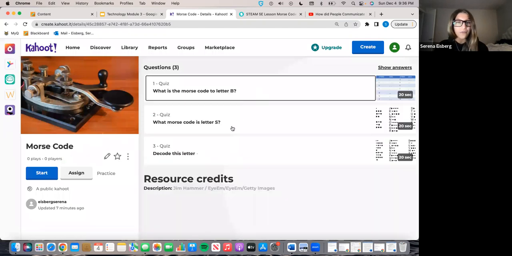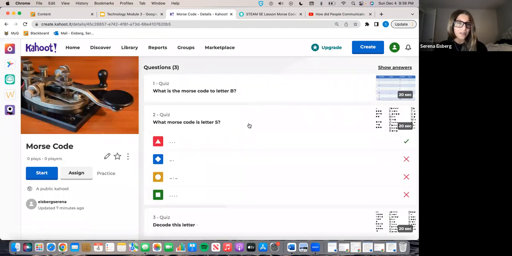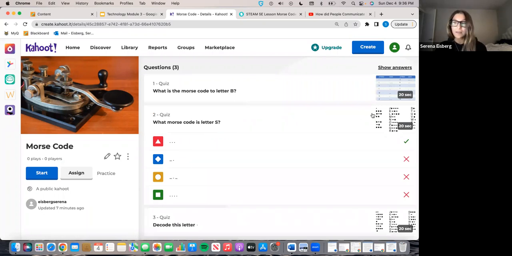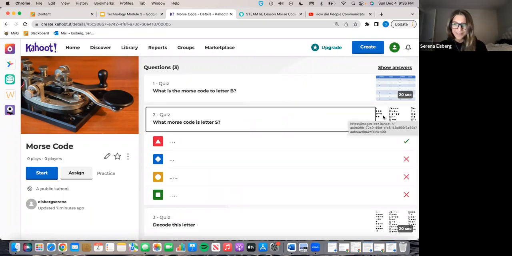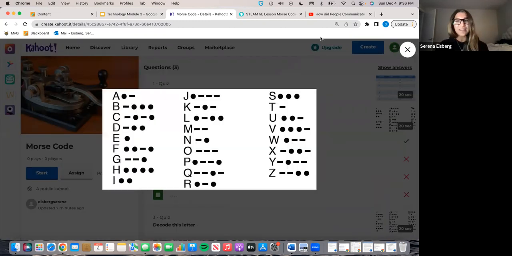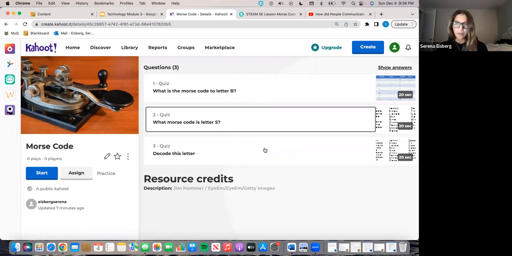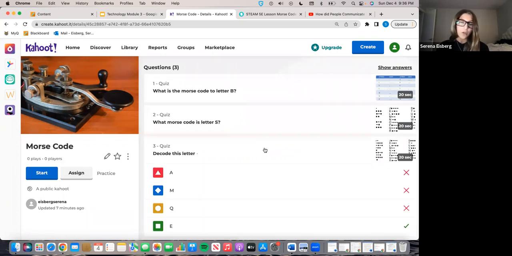As well, for question 2, I did the same thing. What is the Morse code for the letter S? I realize my spelling is a little off there, but again, with the options and another chart with the alphabet and the code. And then for my last question, I decided to flip it.